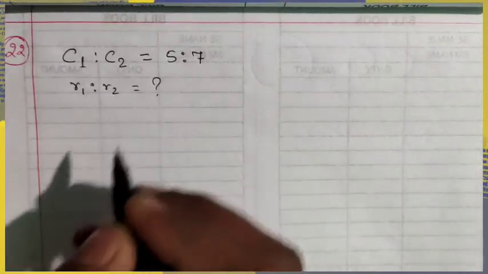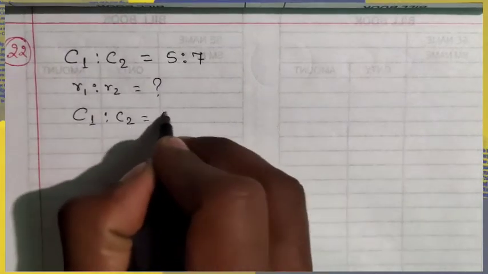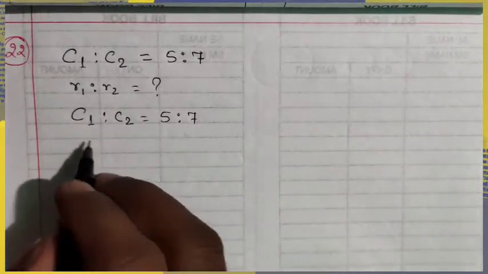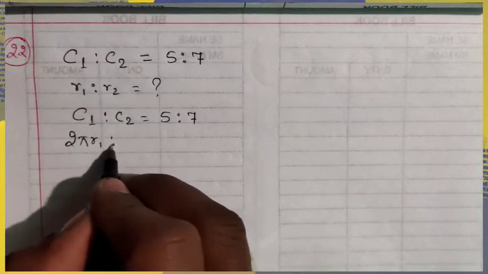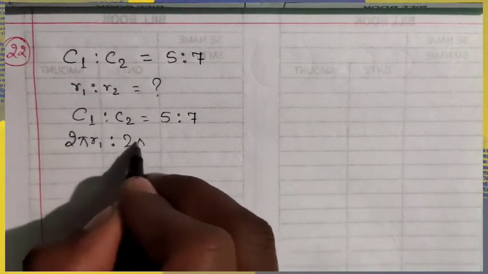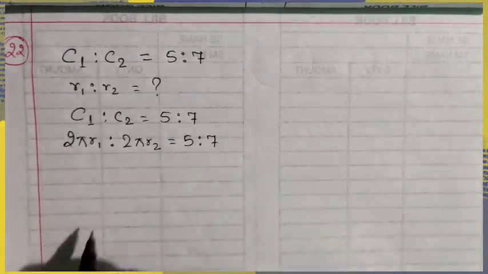Since we know circumference 1 ratio circumference 2 is equal to 5:7, we'll put in the formula. For circumference 1 it will be 2 pi R1, ratio, for circumference 2 it will be 2 pi R2, is equal to 5:7.